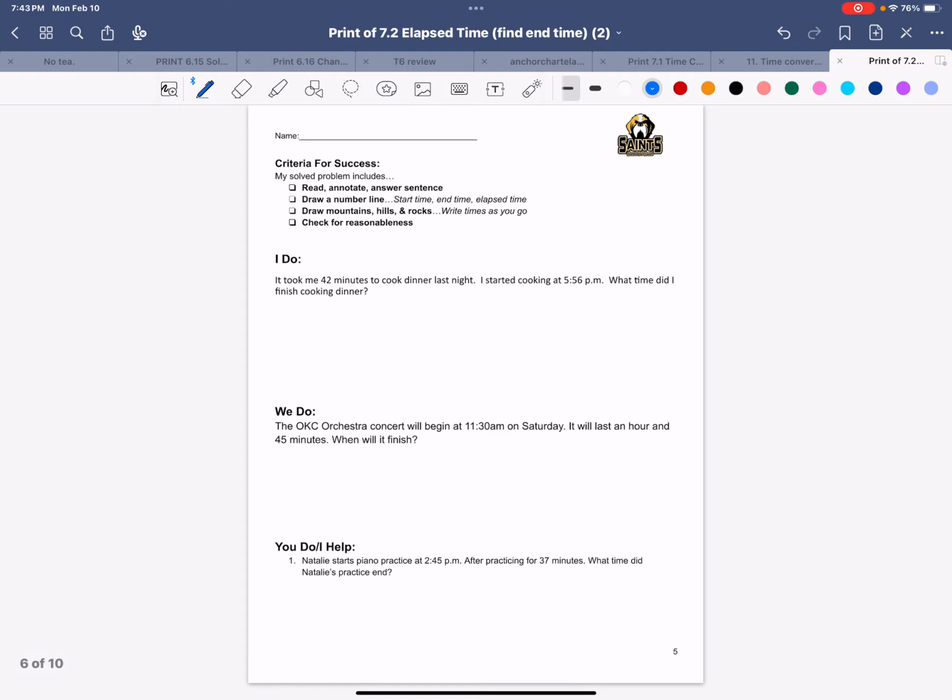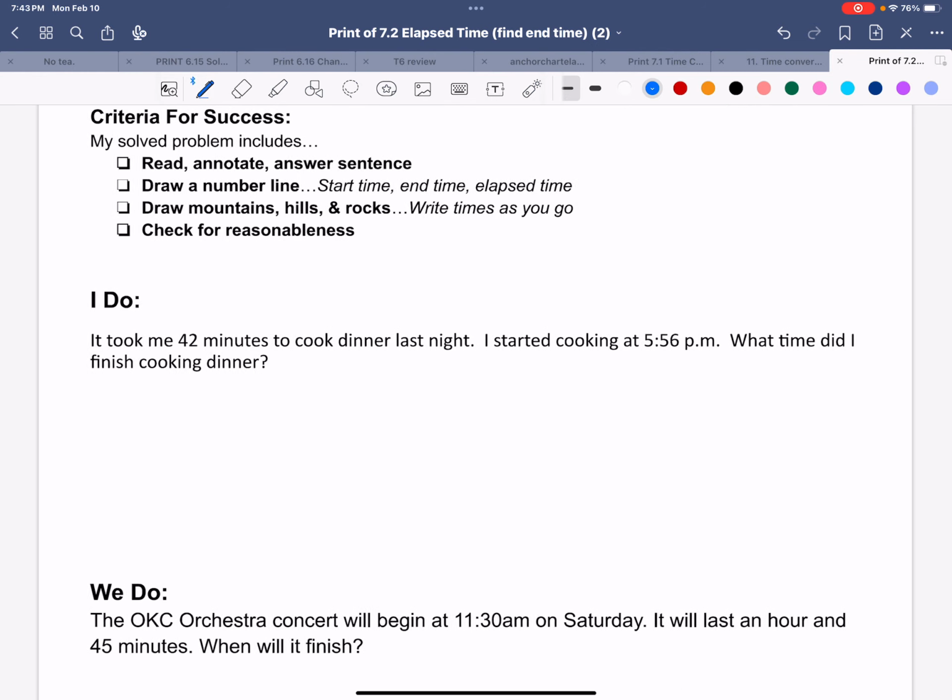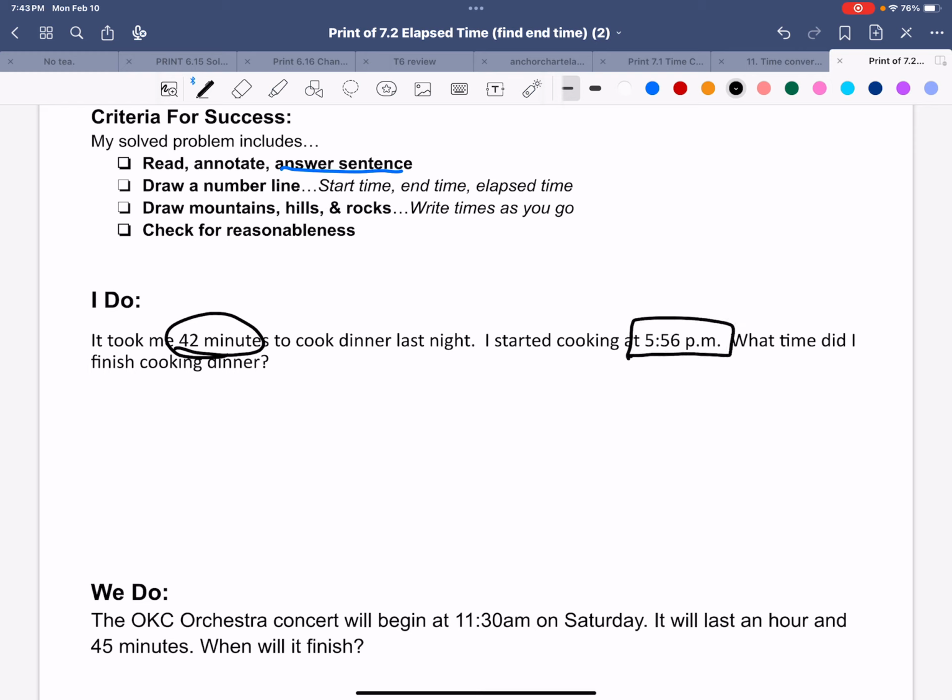Let's go ahead and check out our I do. We're going to read, annotate, and do our answer sentence. So let's go ahead and do that first. It took me 42 minutes to cook dinner last night. I started cooking at 5:56 p.m. What time did I finish cooking dinner?